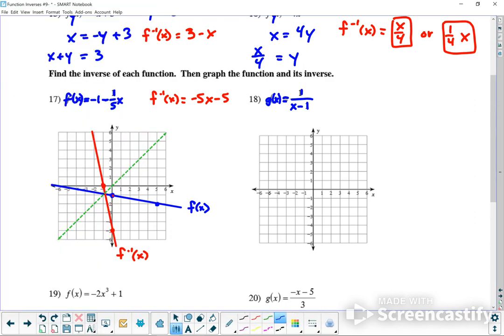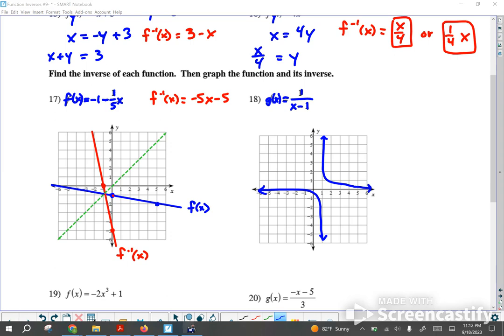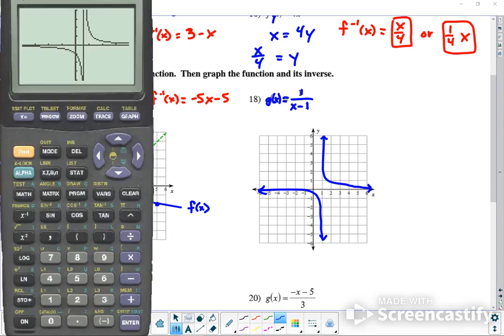So it looks like this. Kind of like that. Double checking it, yeah. Okay, if I do a zoom 6, you'll see it. That middle line that goes up and down, that's just an asymptote.